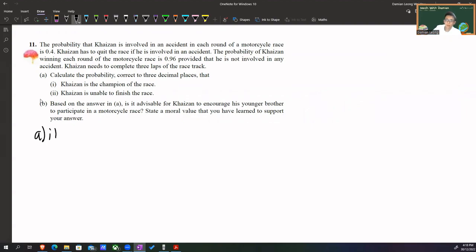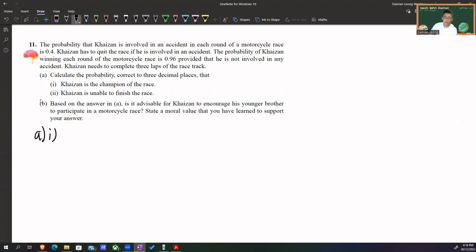So A1. Basically he needs to complete 3 rounds.